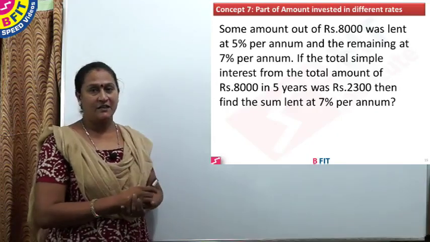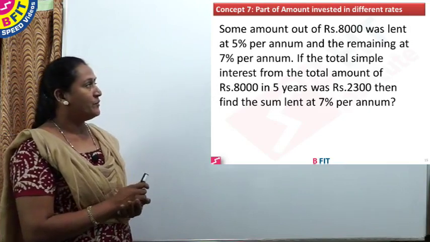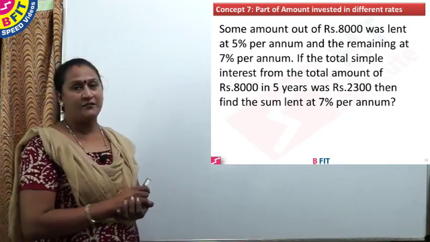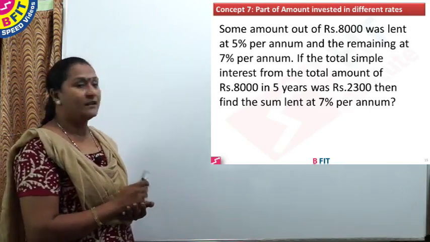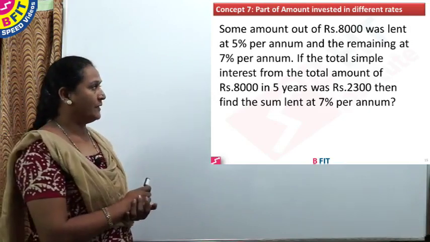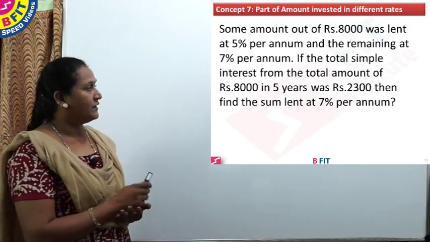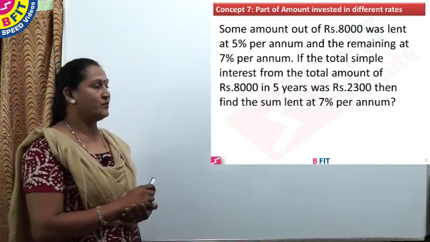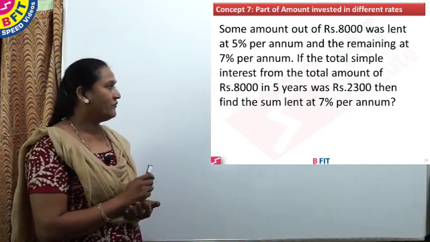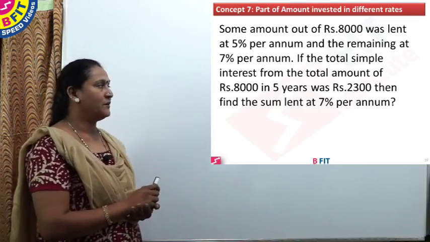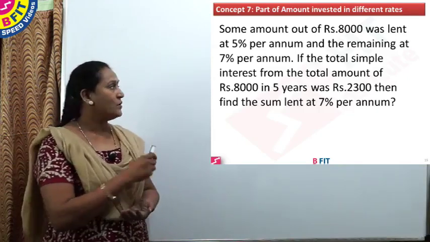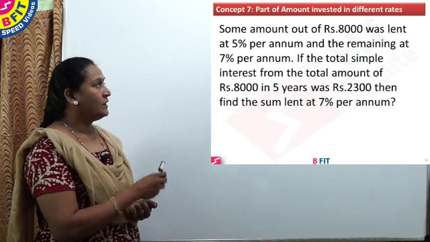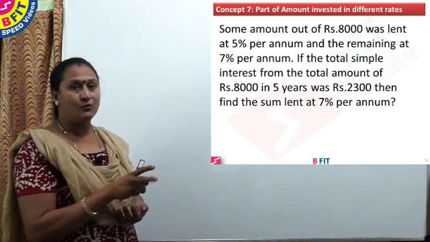So the question here is, some amount of rupees 8,000 was lent at 5% per annum and the remaining at 7% per annum. If the total simple interest from the total amount of 8,000 in 5 years was rupees 2,300, then find the sum lent at 7% per annum. So in this question, 8,000 is invested in two rates of interest.